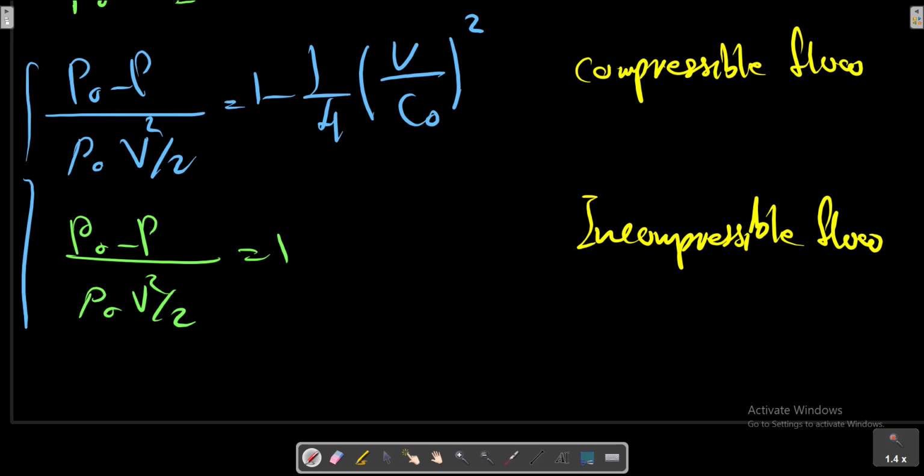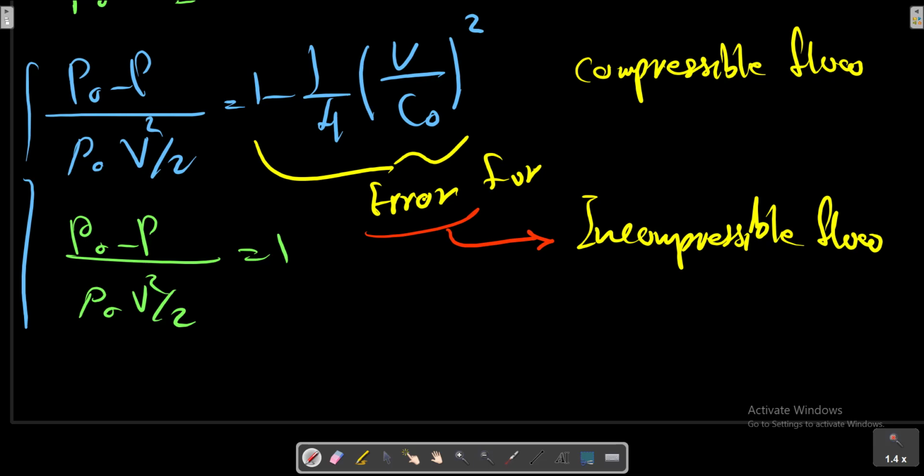The error in pressure for a given velocity, and the error in the velocity for a given pressure that would result from assuming incompressible flow, are also given in table 7.2. This is the end of this section.